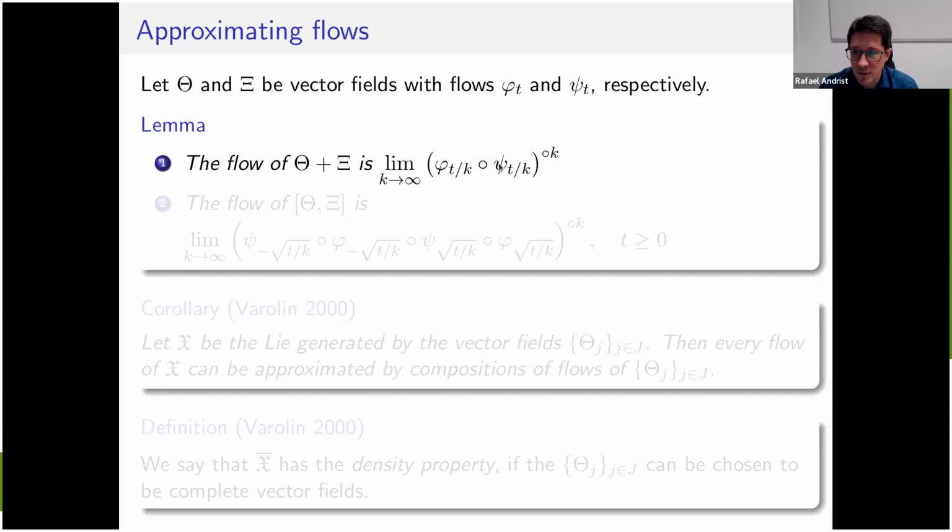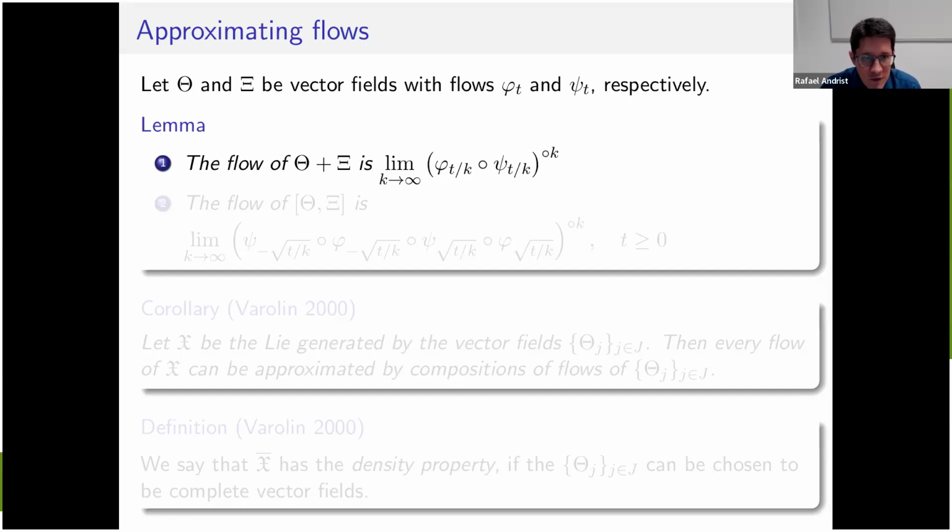And then we take the limit k to infinity. And this will converge to the flow. If we are in the context of complex analysis, it will converge locally uniformly, and it will converge exactly where the flow exists.